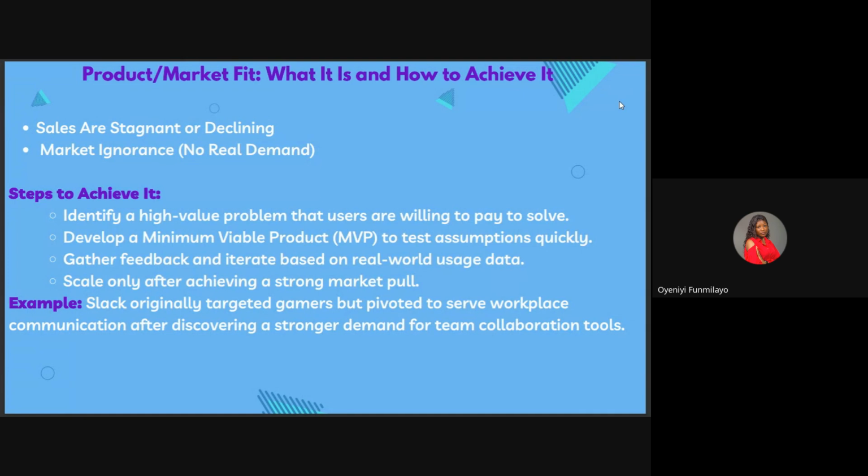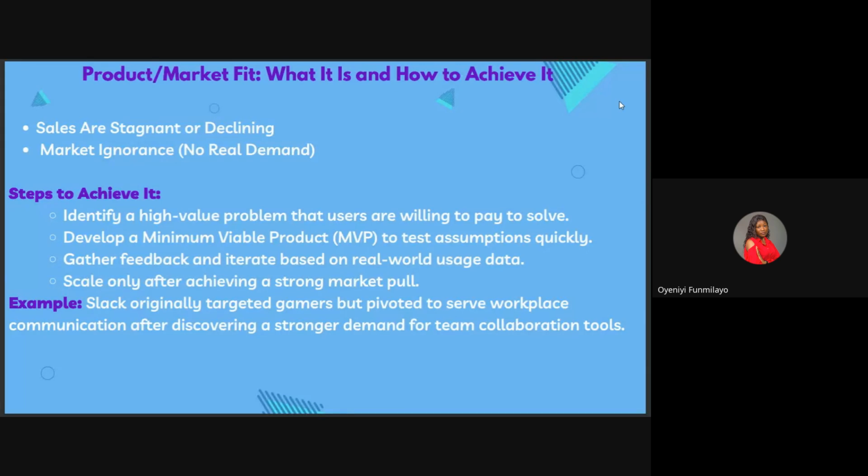If your users have not pulled you up from your beginner level stage, then you need to continue to communicate your value to them till they do that to you. So, example, Slack originally targeted gamers but pivoted to serve workplace communication after discovering a strong demand for team collaboration tools. Yes, this Slack you are using today was a game that they wanted to do.